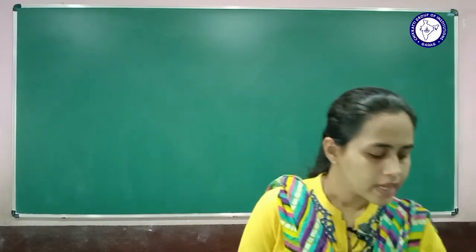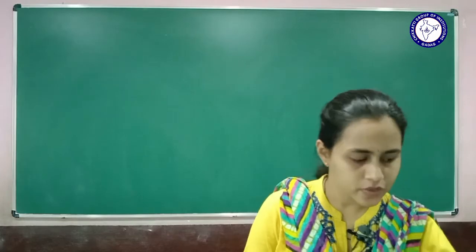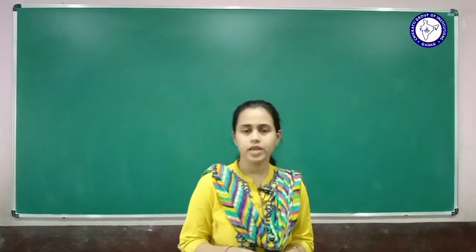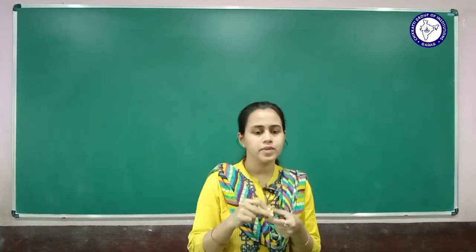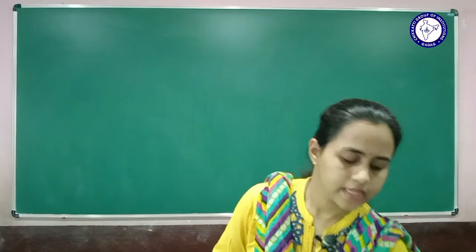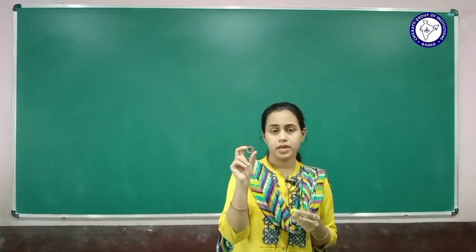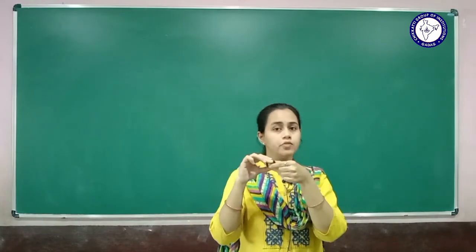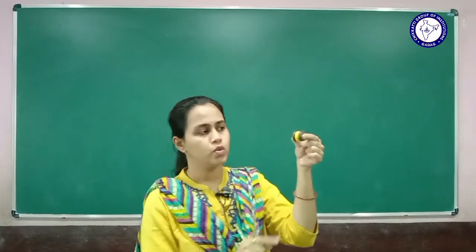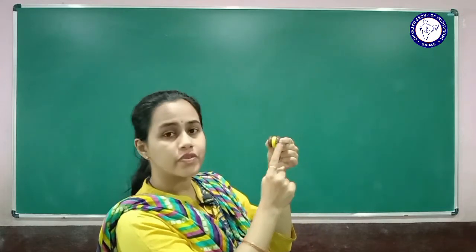Here I have these rings, so I'll show you with these rings. I have 2 rings with me. Can you tell me the color? Yes, it's chocolate and this is yellow. So I have 2 rings and one of my friends gave me 1 ring. How many rings do I have now? 1, 2, 3.